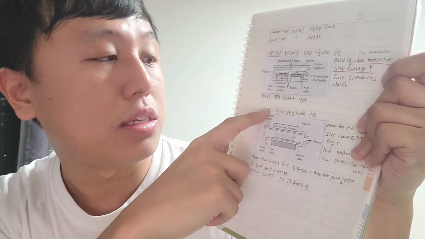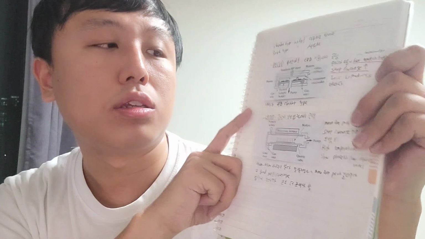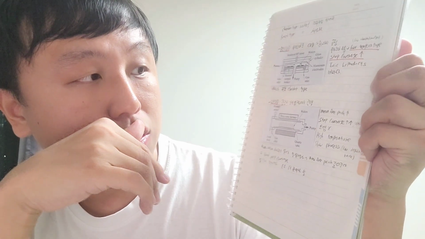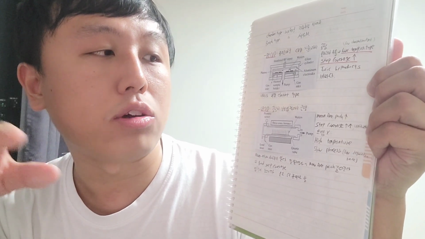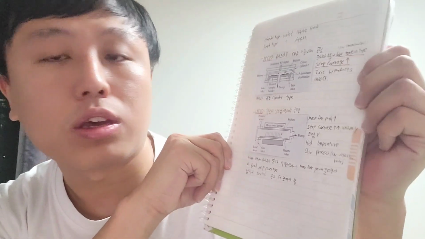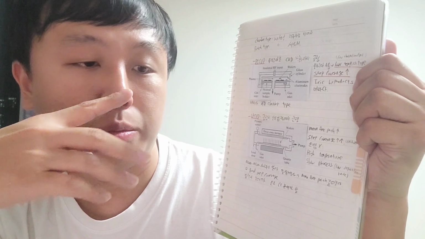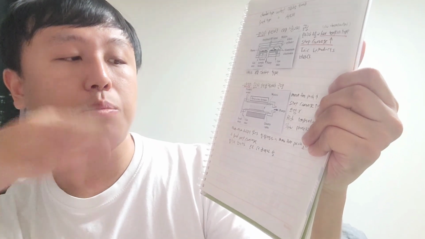And next, LPCVD is a process using very low pressure, and the mean free path is long, so we can make good step coverage and uniformity, and there is very low pollution, but it has high temperature and a slow process.